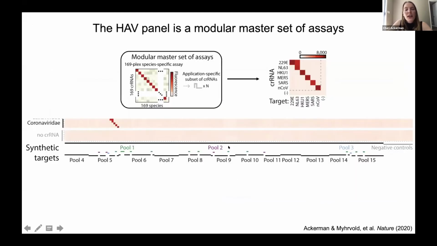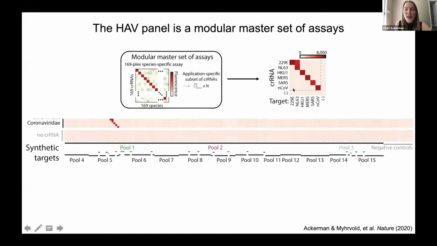And then finally, I mentioned that our goal really was that we wanted the human-associated virus panel to be a modular master set that we could use to assemble situation-specific panels. Little did we know that COVID-19 was coming, but when it did show up, in a matter of weeks, we were able to pull, so this is just a small bit from that giant square I showed you earlier, the coronaviruses out of that master set.